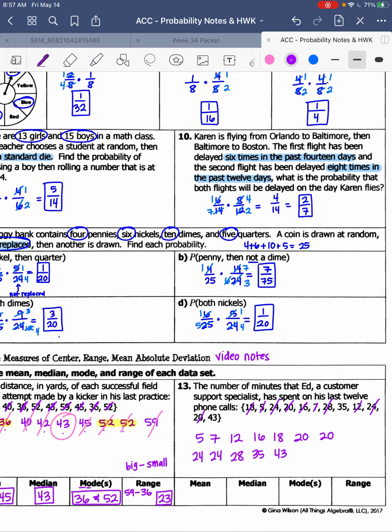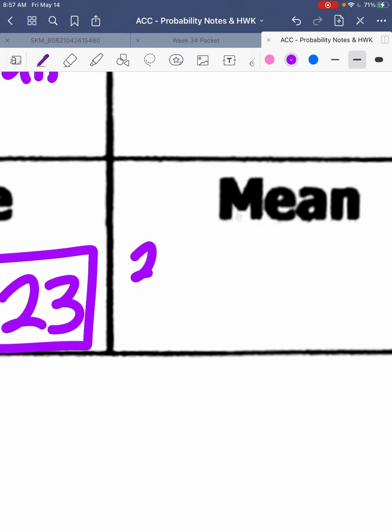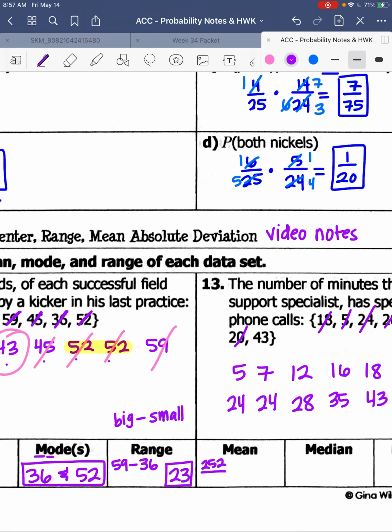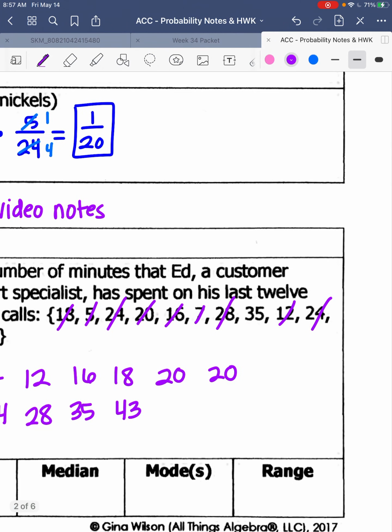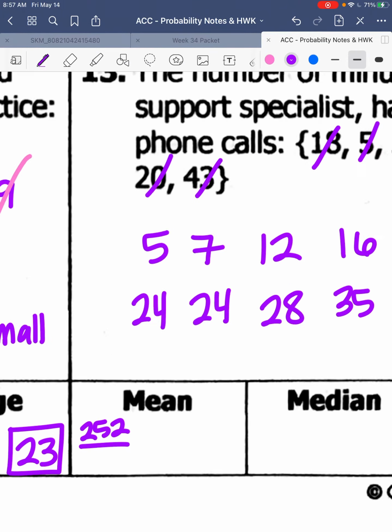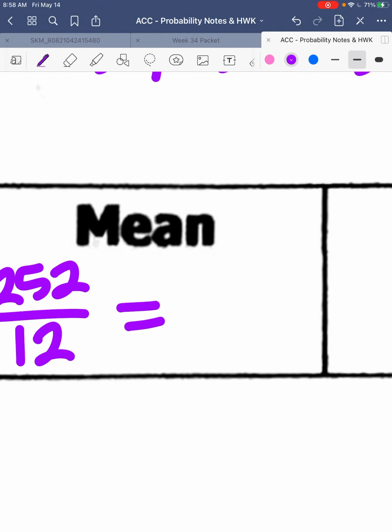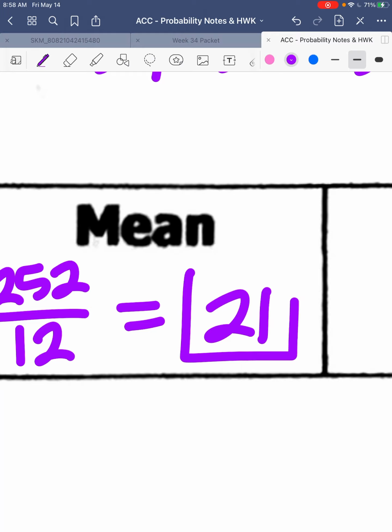When I put that in my calculator, I get 252. So for the mean, we have 252, and I'm going to divide that by the number of terms. And it told us that it was his last 12 calls, right? So because it's his last 12 calls, I know that there are 12 numbers. So 252 divided by 12 gives us our mean, and that is 21. So the average is 21 minutes per call.